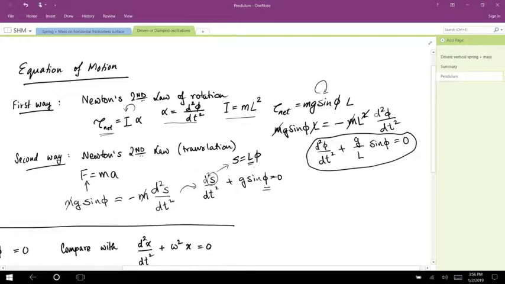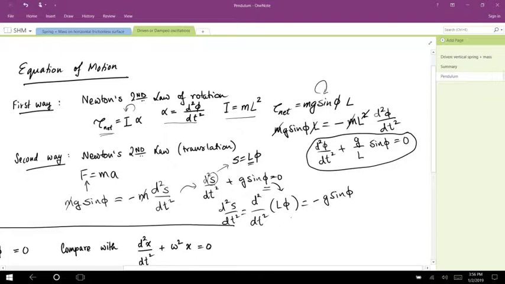L is not changing, so the time derivative of L is 0, which means that we can just pull the L out of the derivative. So if we write d2 dt2 of L times phi, which is essentially the d2s dt2 part, this is equal to negative g sine phi, which is what we are going for from this equation over here.